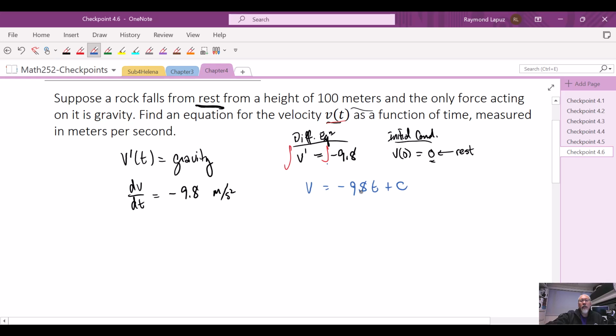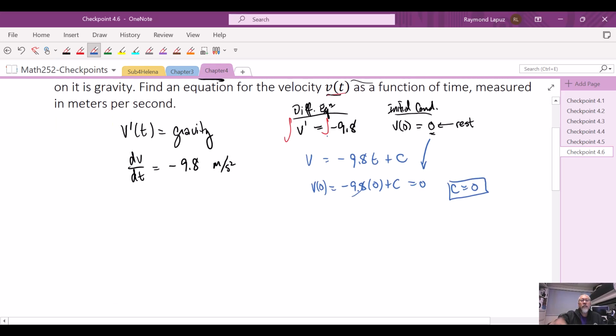And now v of 0 is going to be negative 9.8 times 0 plus c. That is supposed to be 0 according to the initial condition. Well, 9.8 times 0 is 0, so that means c has to equal 0 here. So then that is it. Our velocity function is going to be given by negative 9.8 t plus 0. And that is your answer.